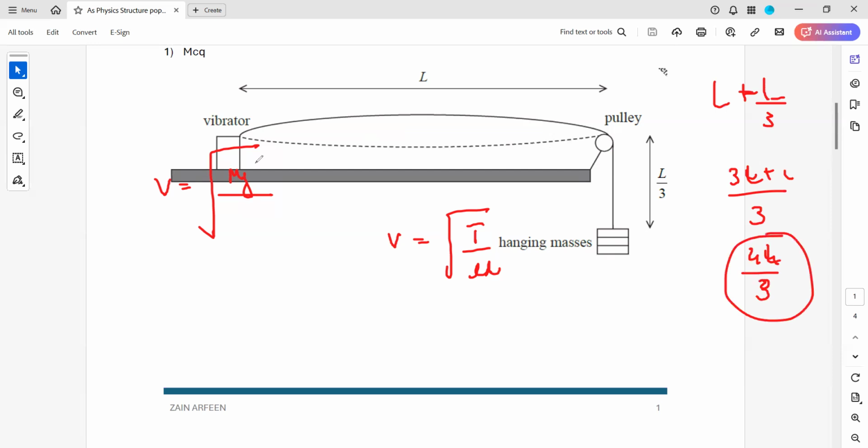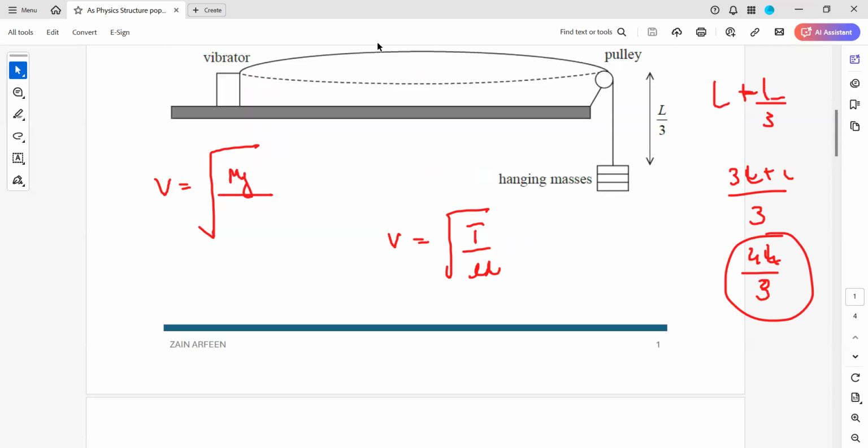So if we need the speed, it is under root T divided by mu. So T is mg, and what is mu? The mass per unit length. So mass of a string divided by 4L by 3. Now you simplify this, because this is mu, the mass per unit length. You can simplify and then substitute.